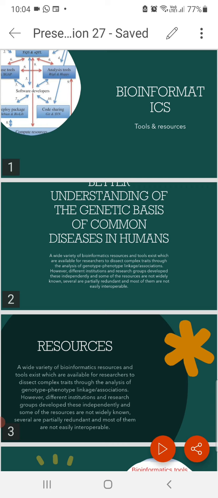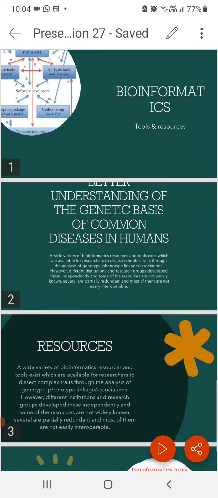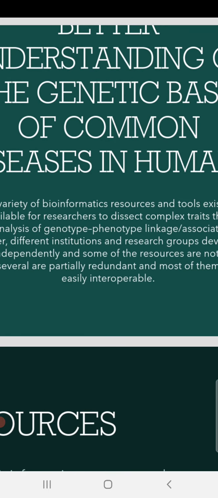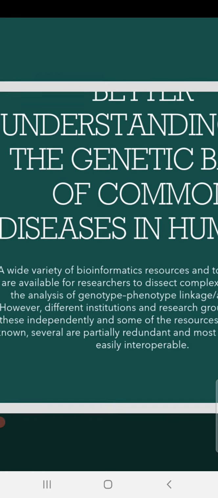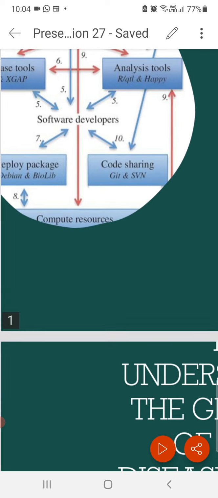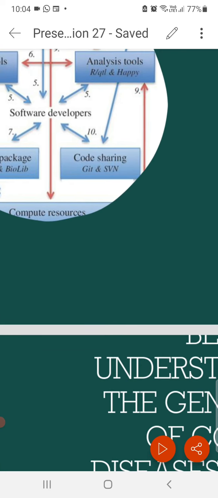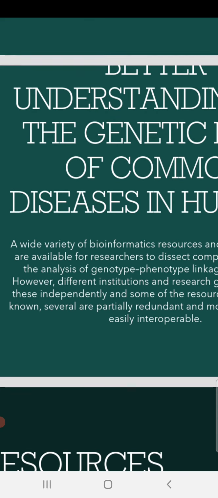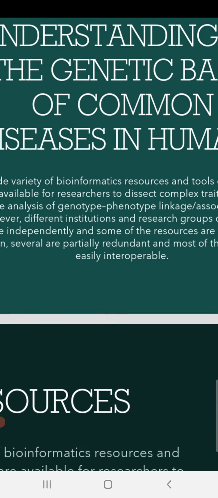So for this we need computers, because computer science engineers help in developing the software that is useful to understand and interpret the biological data, and in developing software programs for understanding the biological genetic information.